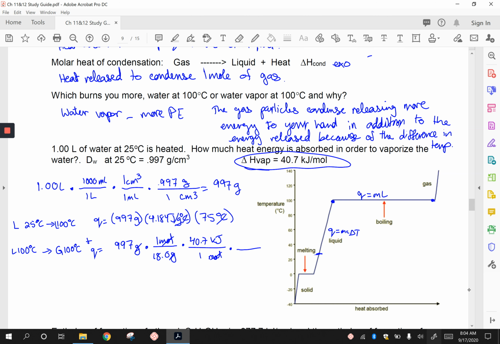I'll just go ahead and say 1 kilojoule is 1,000 joules. That way, both of these give me joules and I can add them up. And so it actually ends up being a really big number at the end. Maybe we should have converted it to kilojoules. So that ends up being 2,600 kilojoules.